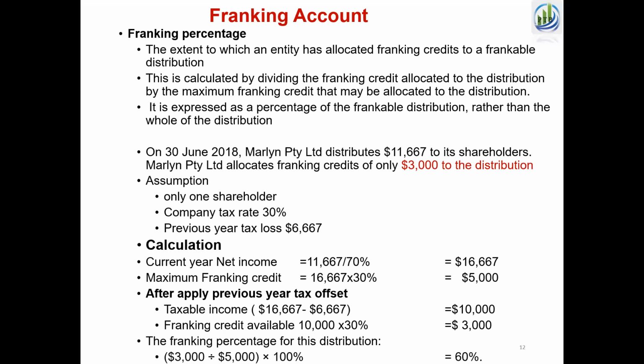Whenever the dividend statement says 70% franking credit, you can understand that because of some tax loss or some other reason, the company did not pay full tax on the dividends. If they paid full tax on the dividend, it is a 100% franked dividend. If they have a tax loss or any other circumstances and are not paying in full, in this case you can see the maximum franking credit is 5,000, but the company actually paid 3,000. So I'm going to say 60%.